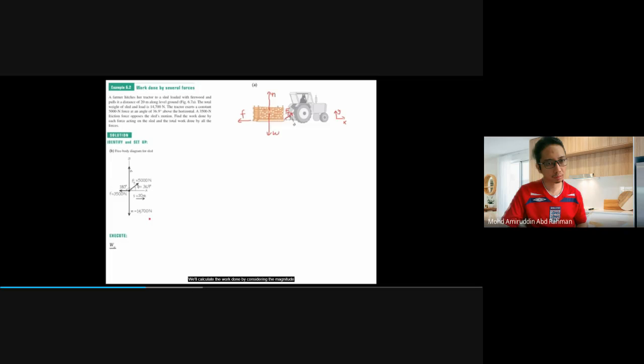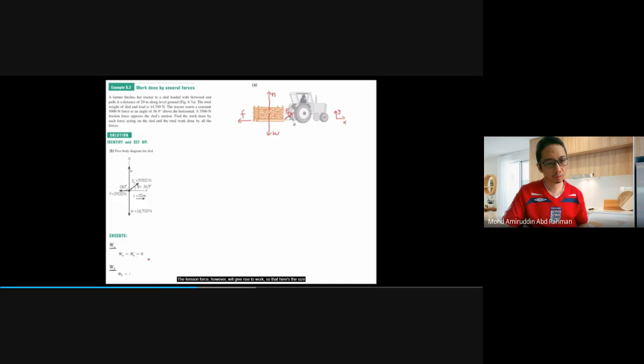We'll calculate the work done by considering the magnitude of the force applied times the magnitude of the displacement of the tractor times the cosine of the angle between those two vectors. And we notice just by inspection that the work done by the weight and the work done by the normal force has to be 0 because the tractor never moves in the y direction. These two forces are always at a right angle to the motion of the tractor.